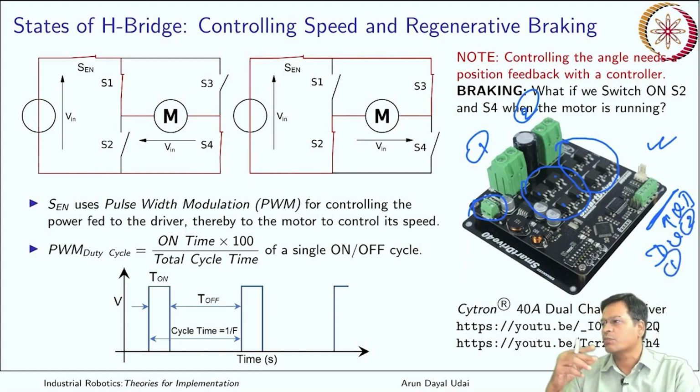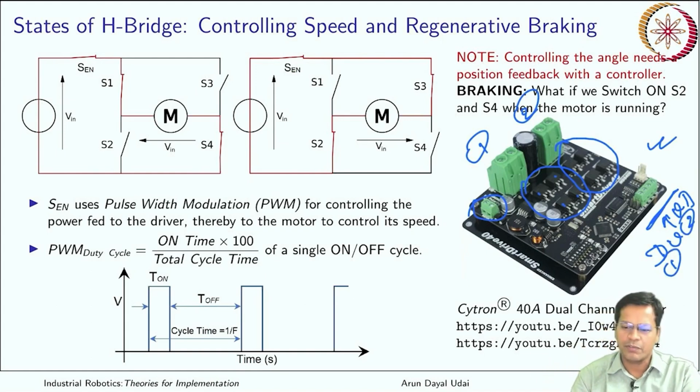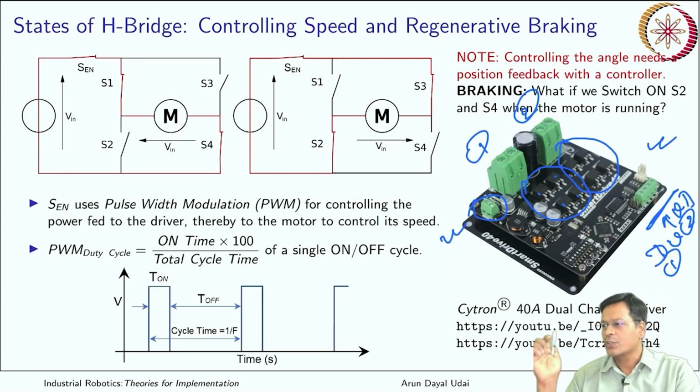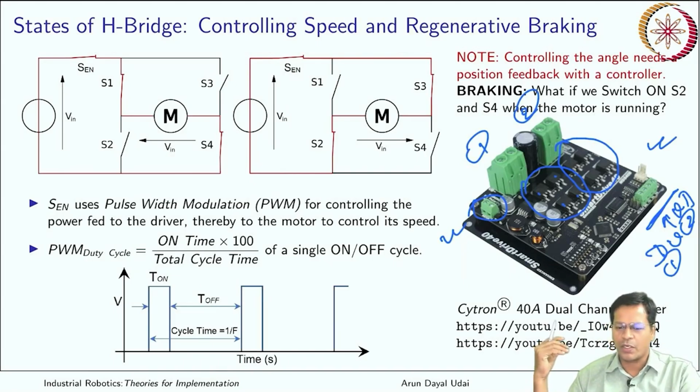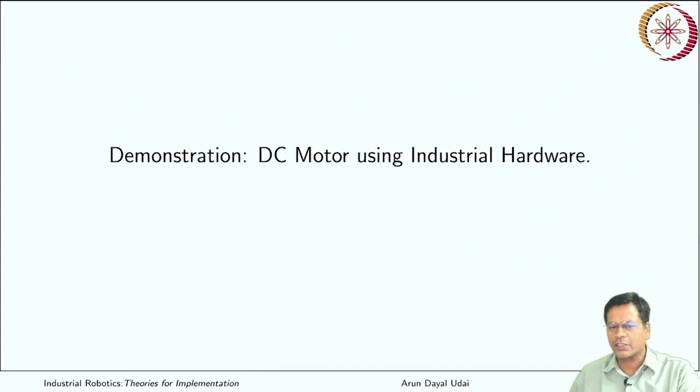So this is a commonly used H-bridge driver, quite good for small robots, but definitely not suited for a big robot like an industrial robot, which is required to have other compliances as well, right? So let us now have a demonstration of DC motor driving using industrial hardware.